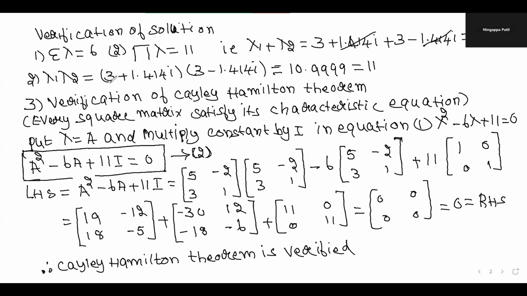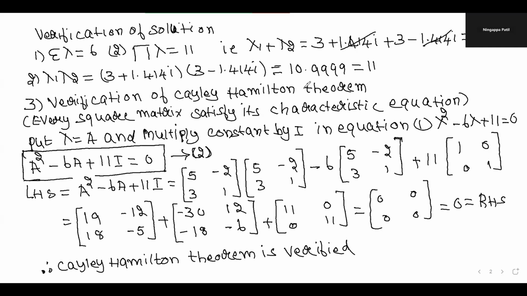Similarly, you take lambda 1 into lambda 2: 3 plus 1.414i, close the bracket, next bracket 3 minus 1.414i. Then you are getting 10.99. How to do this? Press the mode button on the calculator, then number 2 button.